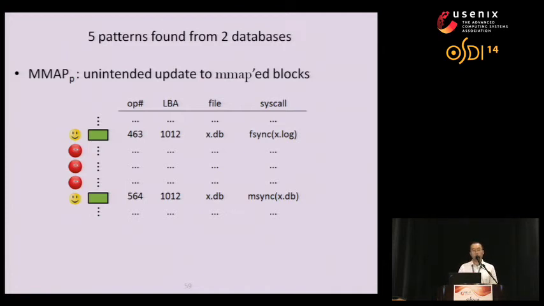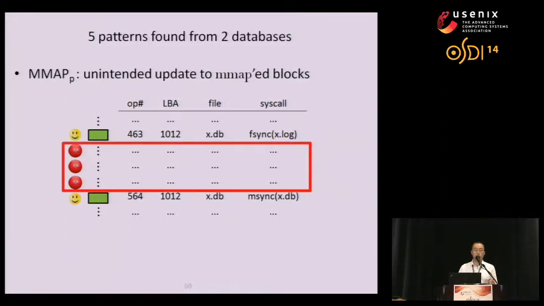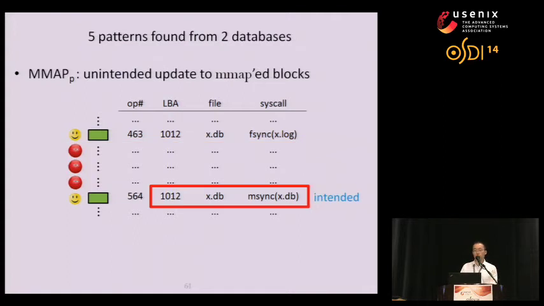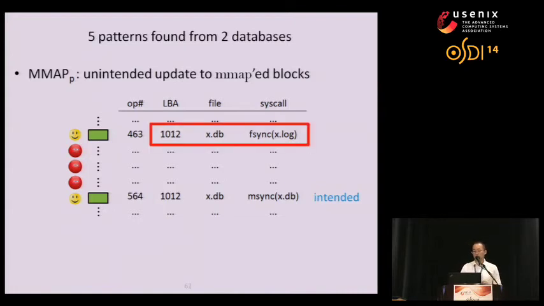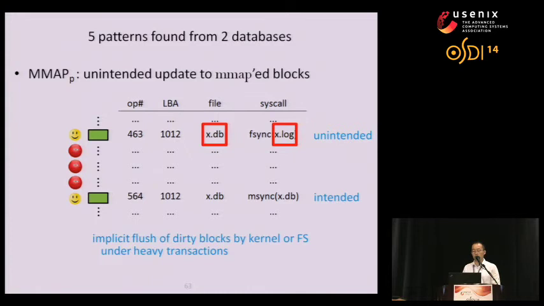In this particular pattern, there's a region of fault points triggering ACID violations, and after the region, there's an msync on a memory mapped database file, which implies that this operation is an intended update by the database. And before the region, there's another update to the same location. However, this update is caused by fsync on another file, so it is unintended.